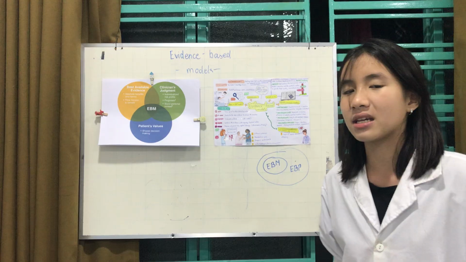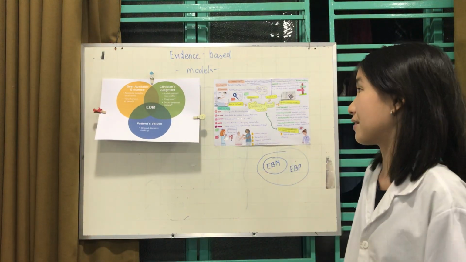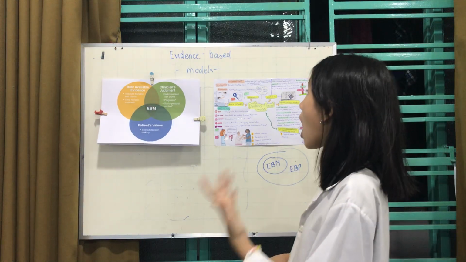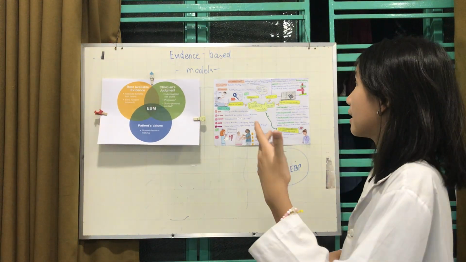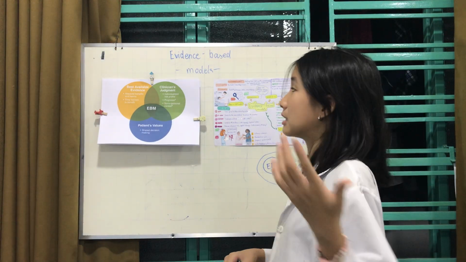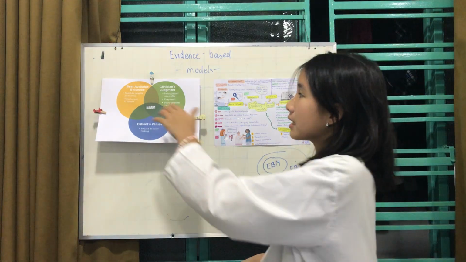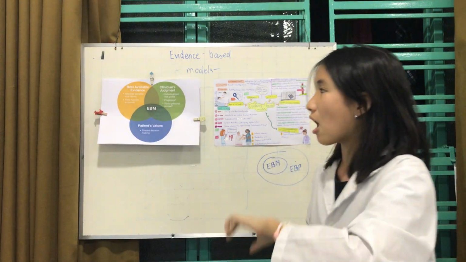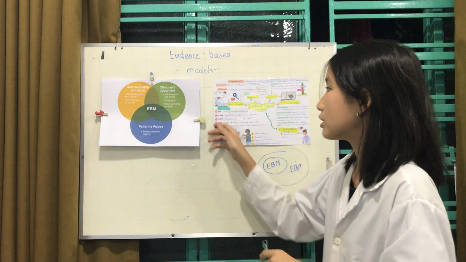What does this mean? Well, the best research evidence or the best available evidence is findings from high quality research and studies. For example, this could be systematic reviews, randomized controlled trials. So firstly, you can see that the best available evidence are absolute benefits and harms, and the time horizon to benefit.